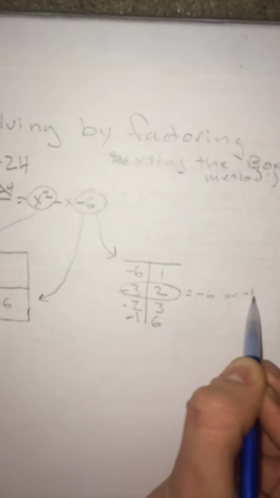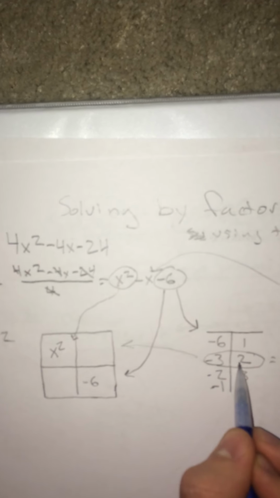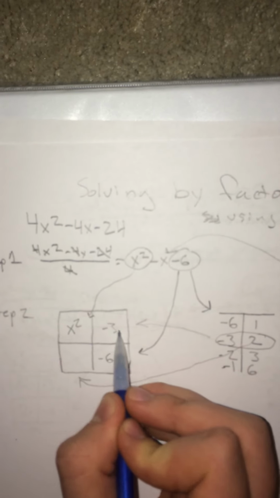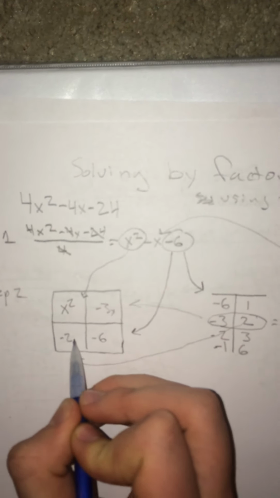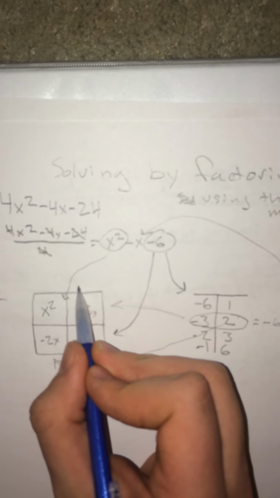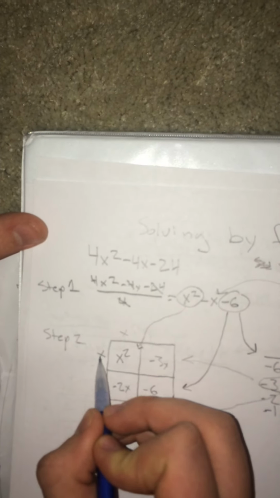And so what you're going to do with negative 3 and 2 is put them back into the empty spaces in the box. And then you're simply going to distribute the numbers on top. So on the top you're going to have x, and then x next to it, because x times x is x squared.